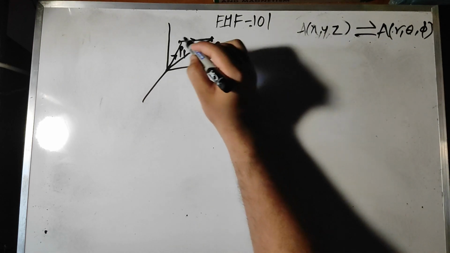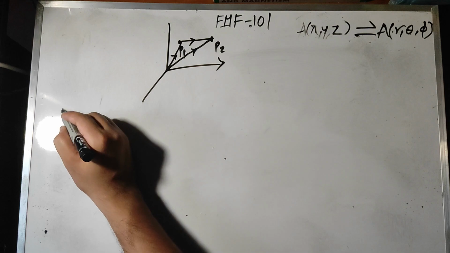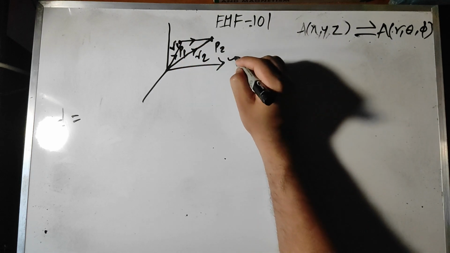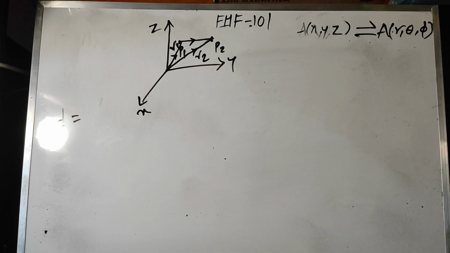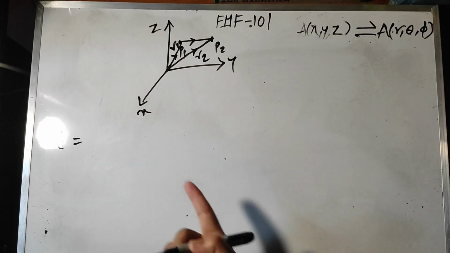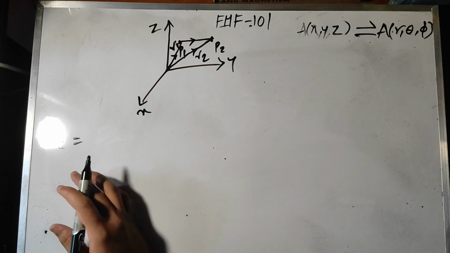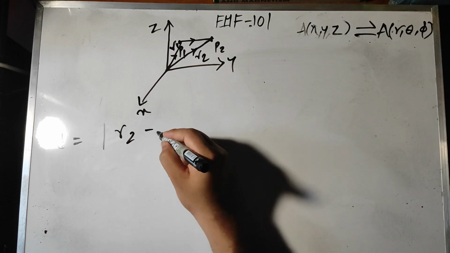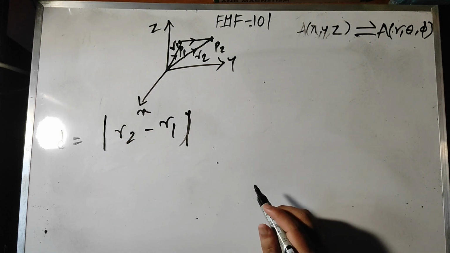For the calculation of distance from P1 to P2, say distance D, here R2, this is R1, with axes X, Y and Z. The distance will be R2 minus R1 as a vector.